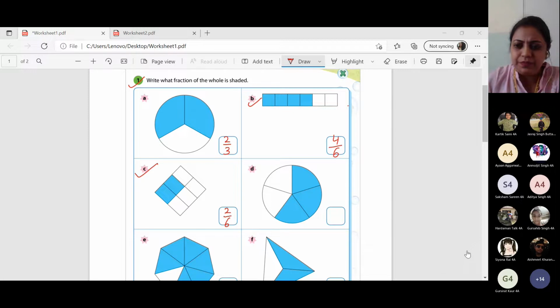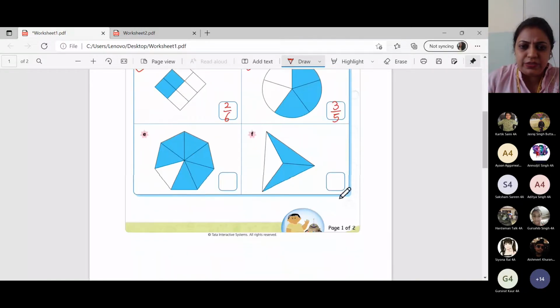Tanvi, you will answer next. D part. Yes, ma'am. Tell me fraction for shaded part. Ma'am, fraction is 3 by 5. 3 by 5. Okay, very good.